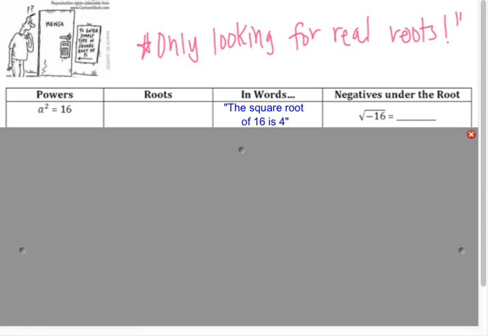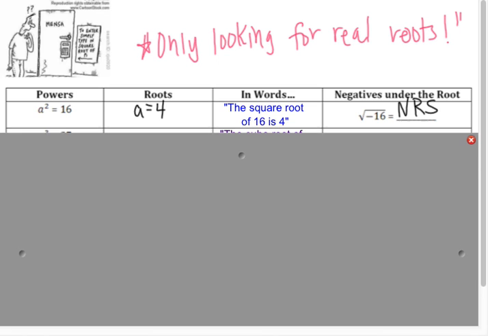So the roots for this one would be, well, A would be 4. Okay. So in words, the square root of 16 is 4. That is what that is saying. Now, if I wanted to take the square root of negative 16, okay, I would say that there is no real solution, okay, because it would be complex. So this is no real solution.